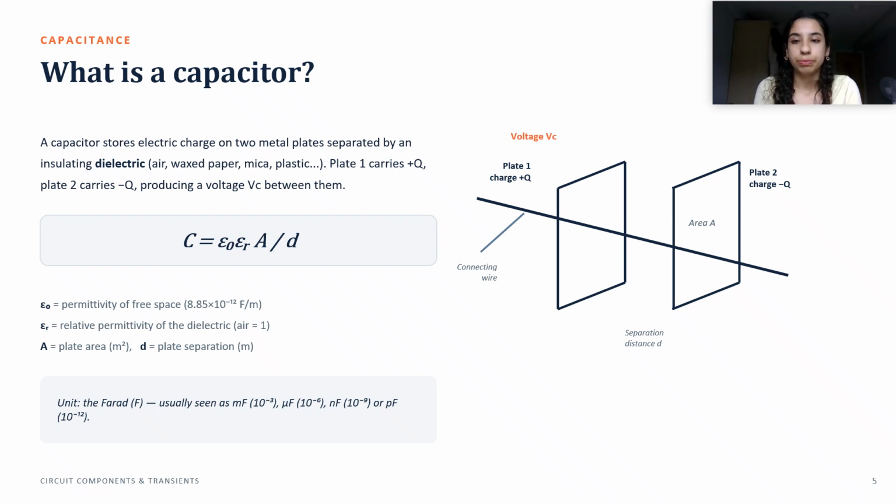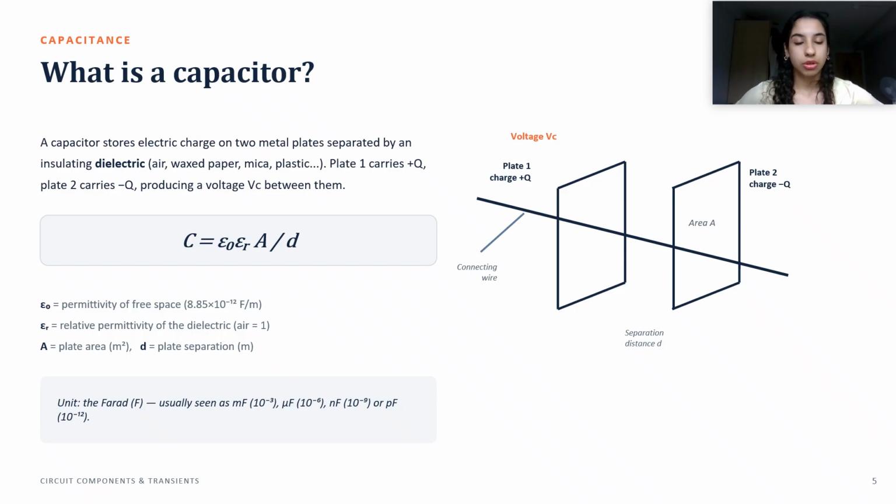Now, to find the capacitance of a capacitor, just like we say the resistance of a resistor, here we say the capacitance of a capacitor. We use this formula. The permittivity of free space is just a constant, and you will always have it. Then you multiply it by the relative permittivity of the dielectric, which depends.